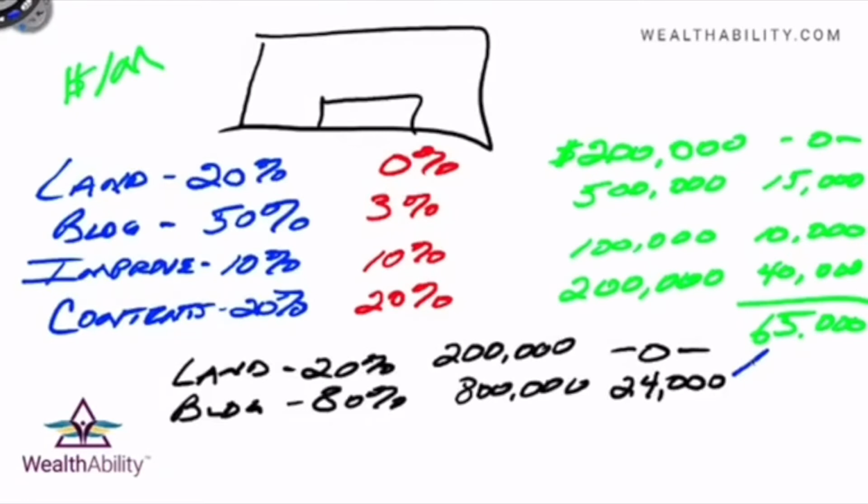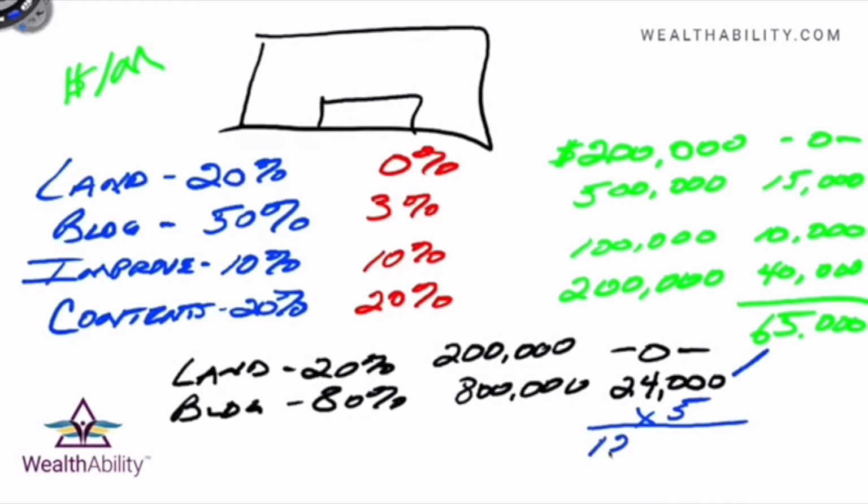Now, let's say that I don't do my cost segregation until 5 years down the road. Okay, so after 5 years, let's say I've depreciated this. So I've got 5 years of $24,000, right?